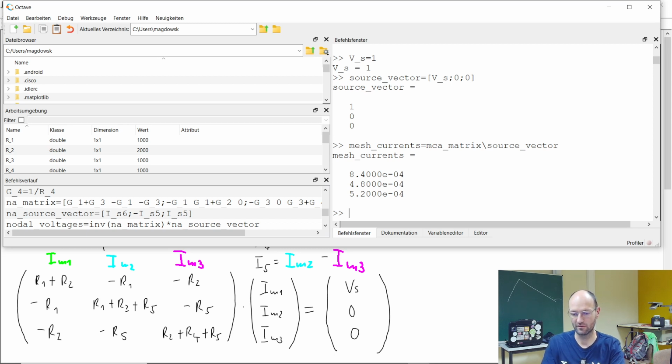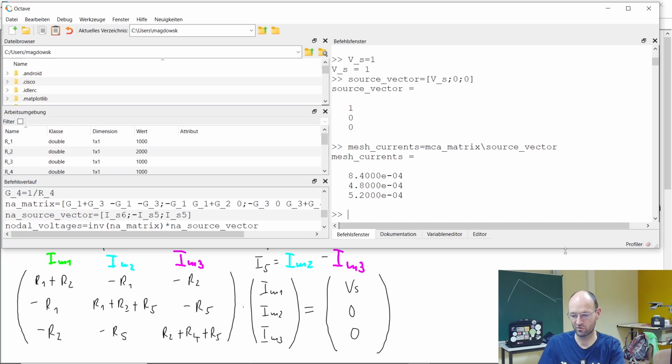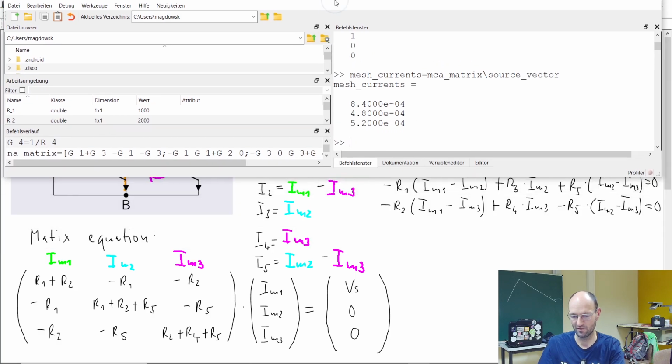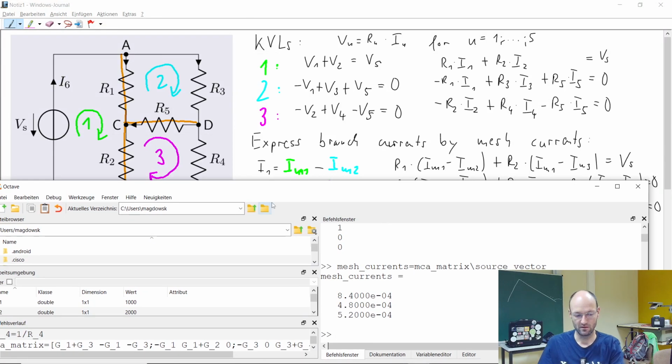And so now from these mesh currents, we would need to calculate our branch currents. I will do it in 2 different ways.